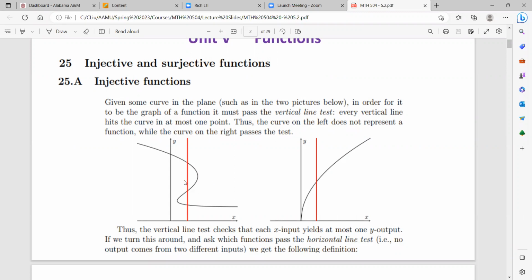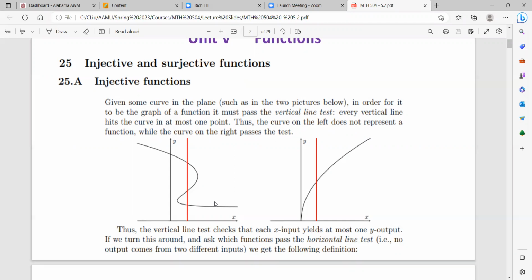If that's the case, then we know the graph represents a function, otherwise it's not. So that's called the vertical line test. The vertical line test is used to check whether a relation is a function or not.